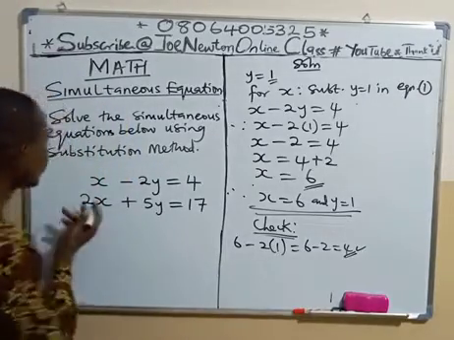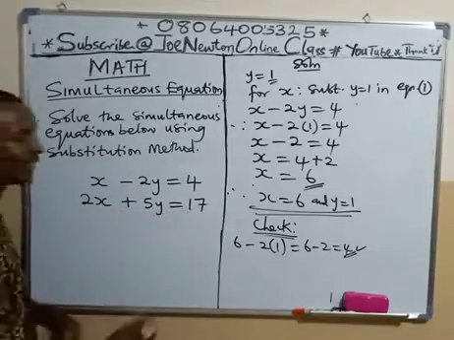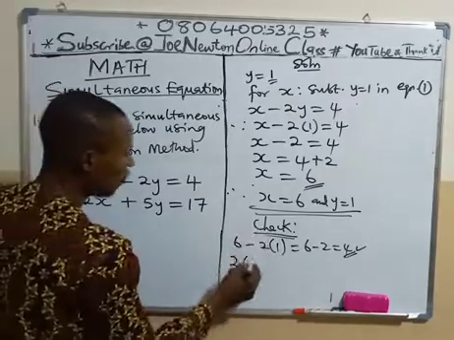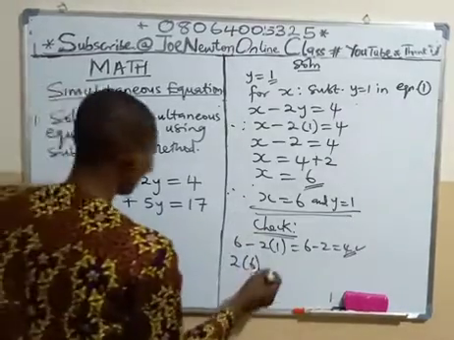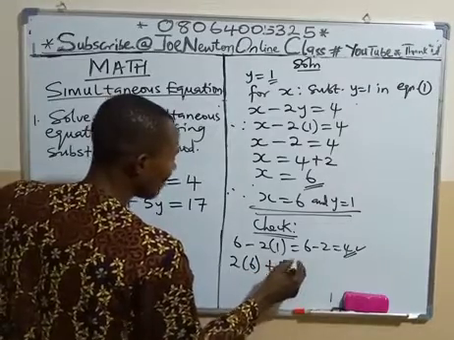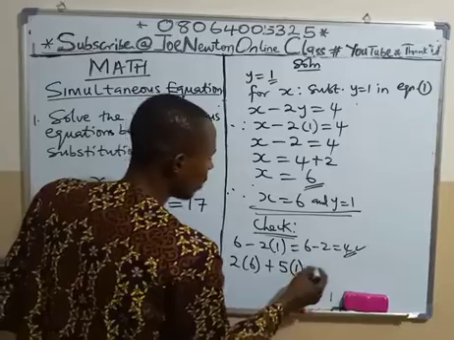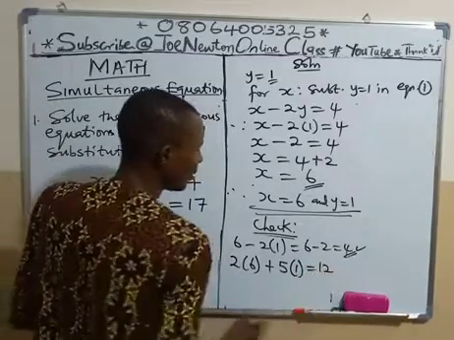From equation 2 says that 2x plus 5y is equal to 17. Let us verify. If our x is 6, therefore 2 bracket 6, 2x means 2 times x, 2 bracket 6 plus 5 bracket, our y is 1, 5 times 1. What will it give us? It will give us 2 times 6 is what? 12.